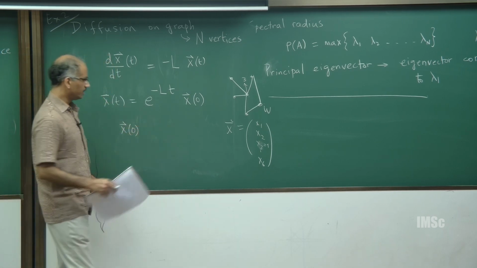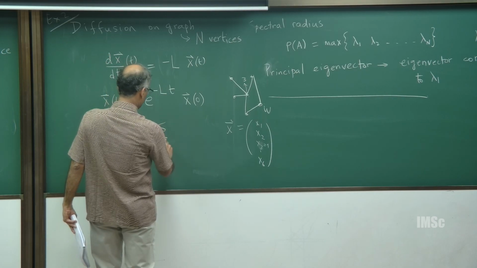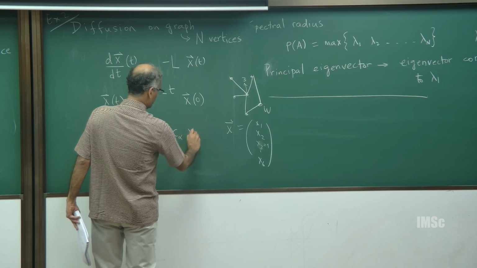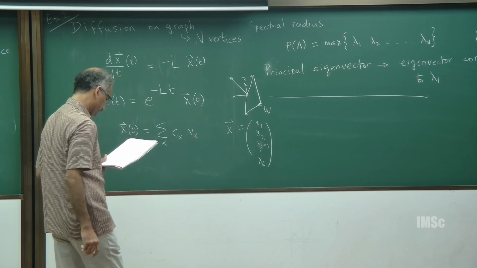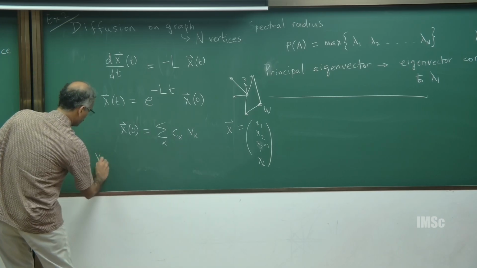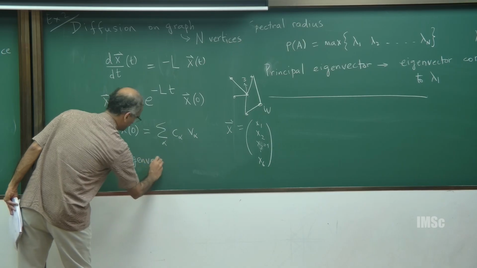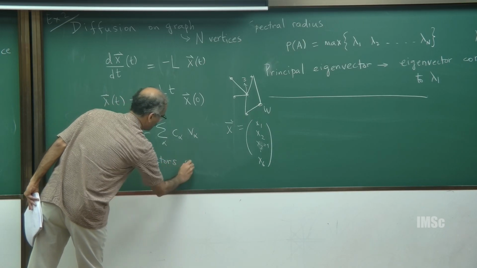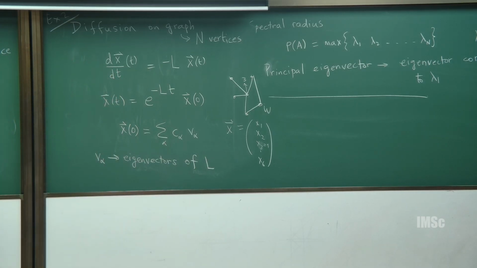For what we need, let us say the initial distribution I can write as a sum over c_alpha v_alpha, where these v_alpha are the eigenvectors of the Laplacian matrix.